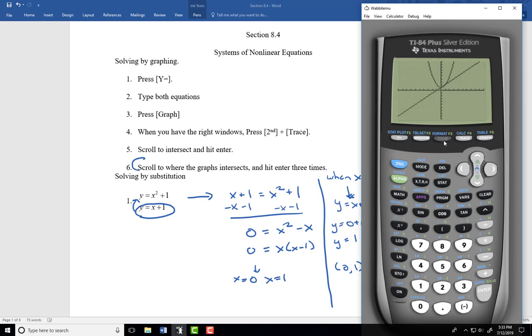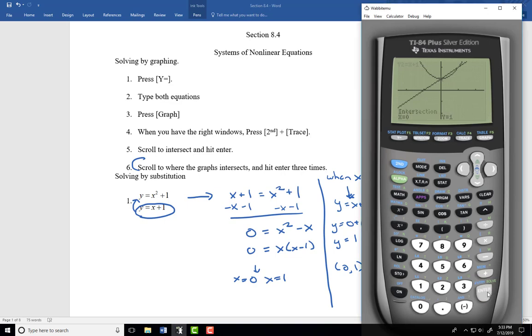I'll hit zoom and I'll do option 2. I'm going to zoom in on the origin. Remember, how do we do intersection? You go to second trace, go to intersect, option 5, and then move your cursor to where the two graphs intersect, and then hit enter 3 times.